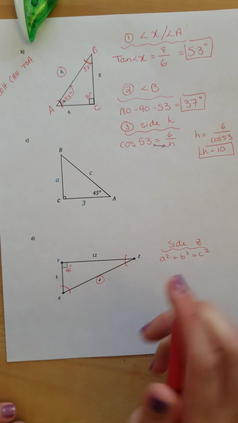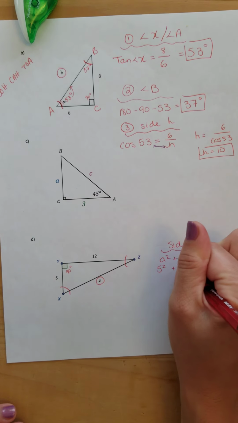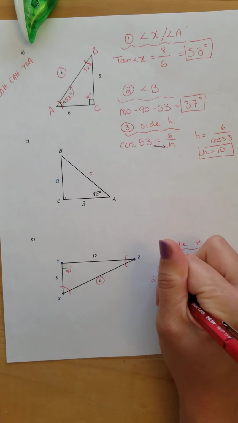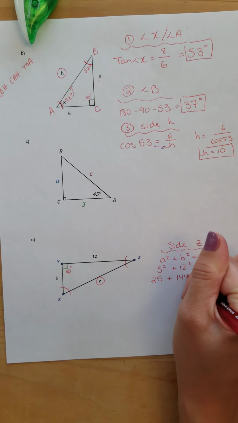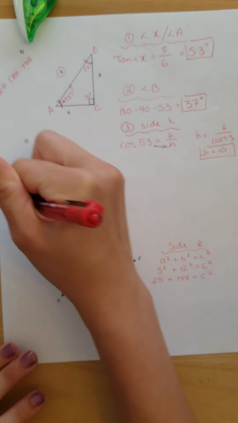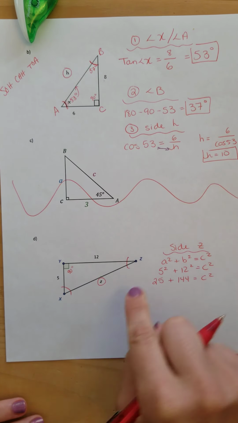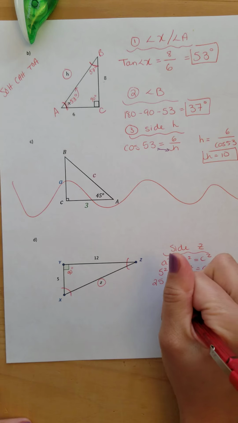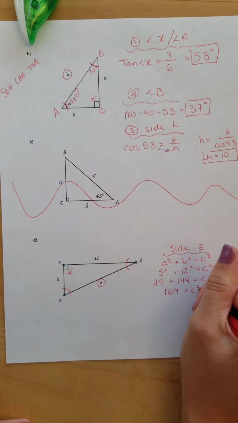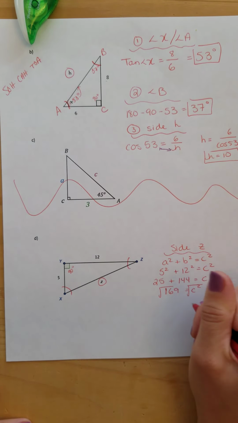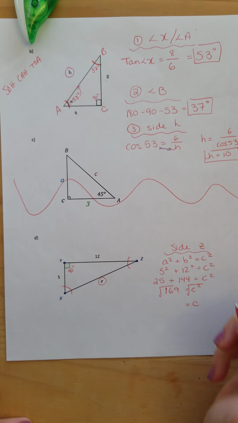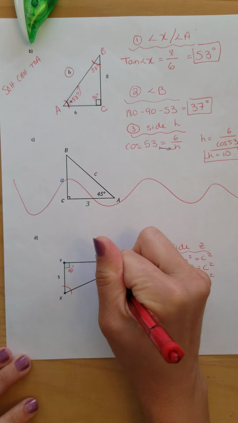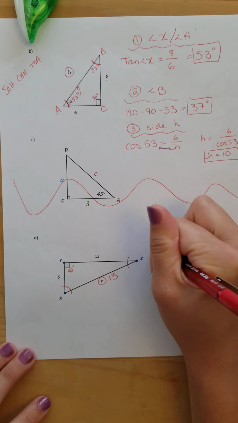So I'm going to plug 5 and 12 in for my A and my B, my other two sides. 5 squared is 25. 12 squared is 144. When I add those together on the left-hand side, I get 169. And then when I want to square root each side to get C all by itself, the square root of 169 is exactly 13. So I just found that Z is 13.